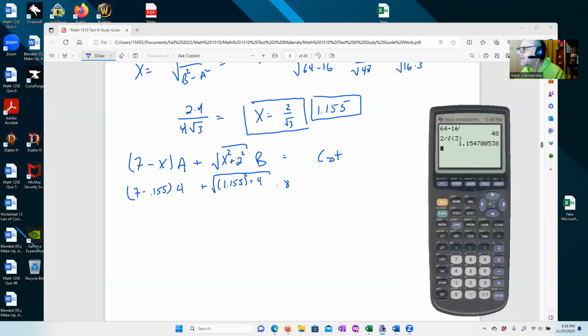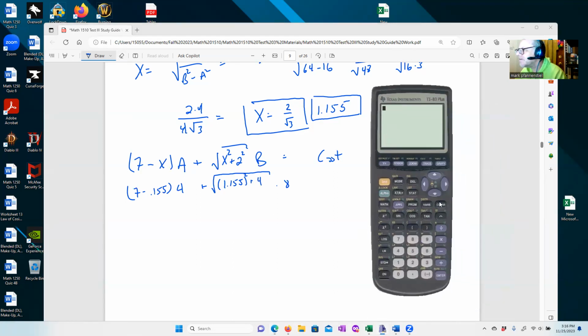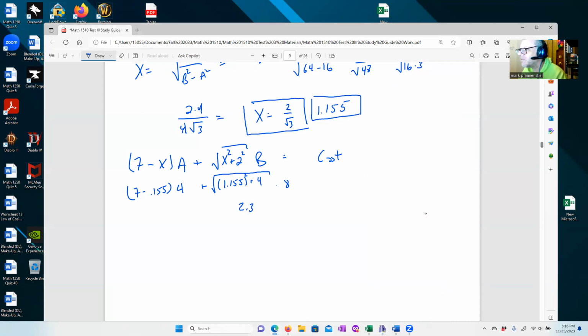I'm going to do it backwards. So I've got 1.155 squared plus 4 equals, and we're going to take a square root of this thing. Answer equals 2.31 times my 8, plus 7 minus 1.155 times 4, and we'll go ahead and calculate that.